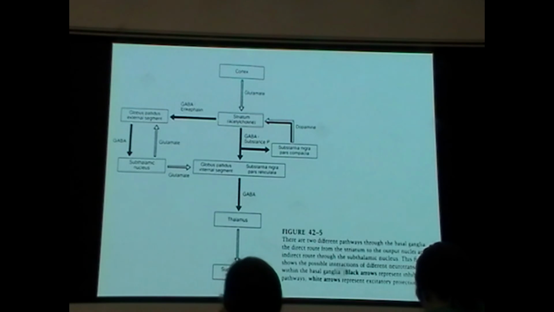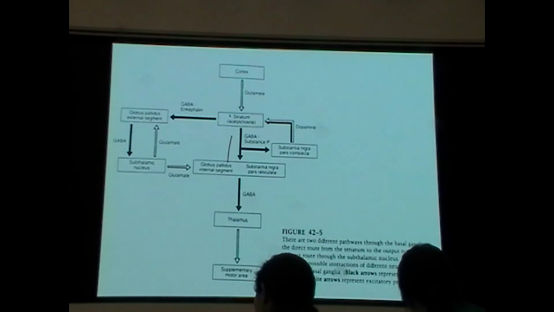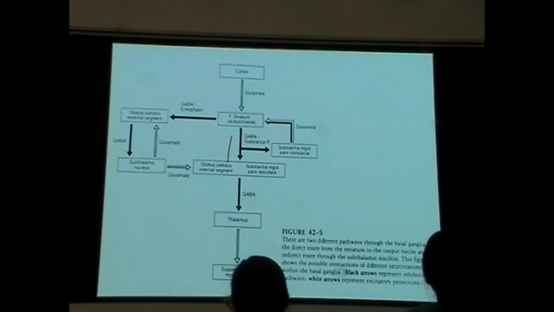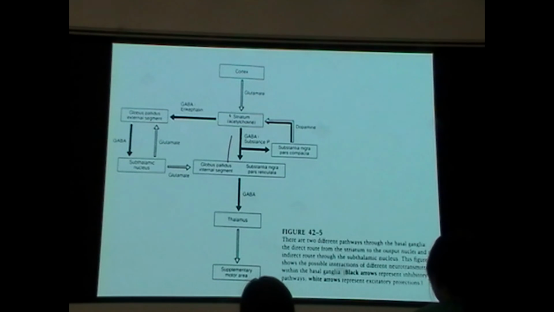So you stimulate this up here, and that then has an effect down here to inhibit the output of the globus pallidus interna, which is GABA. So it reduces the amount of inhibition to the thalamus because it reduces the GABA output of the globus pallidus interna, and there is more movement.